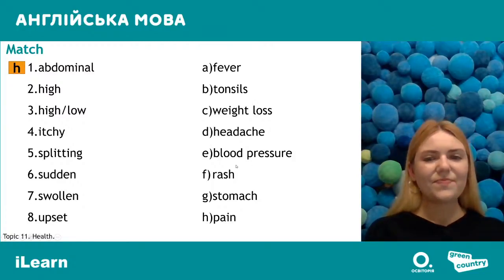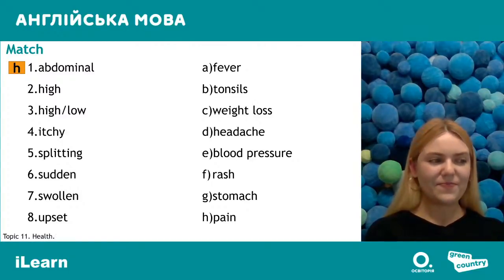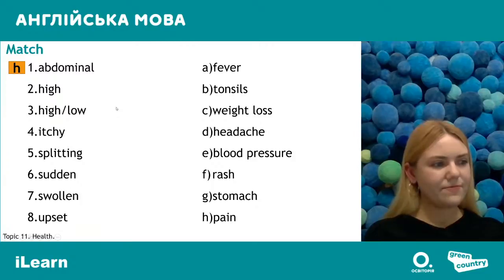Blood pressure. It can be low, it can be high, or it can be low. But for number 2, we need only something that can't be low, that can be only high. And that will be A.